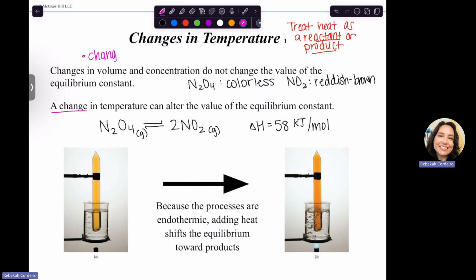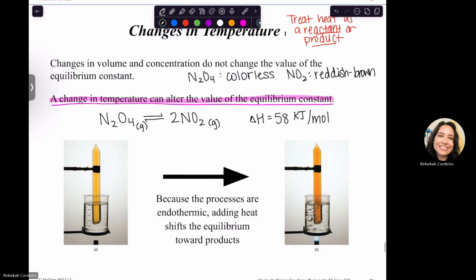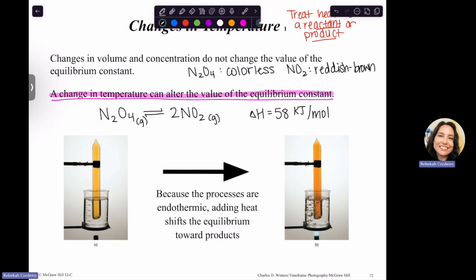Actually they have it. A change in temperature alters the value of the equilibrium constant, because we're shifting things without actually adding or removing any substances or any amounts of substances. So the shift will change the value of K.